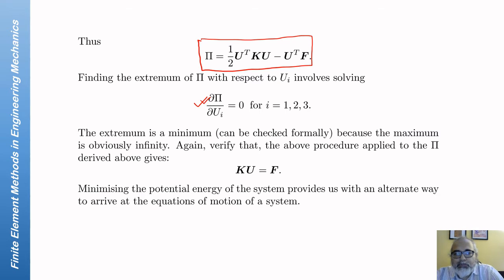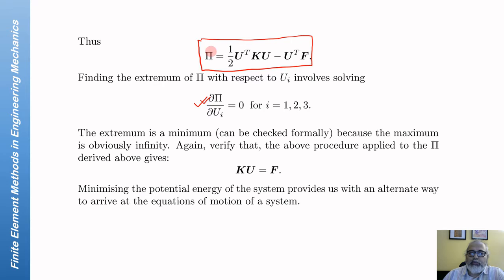For linear elastic problems, the maximum is known to be at infinity, and there's known to be one single minimum for most problems, and that means that the solution to these three equations will always give me a minimum that is guaranteed for certain sets of commonly encountered problems in mechanics. These three equations are going to give me the minimum.